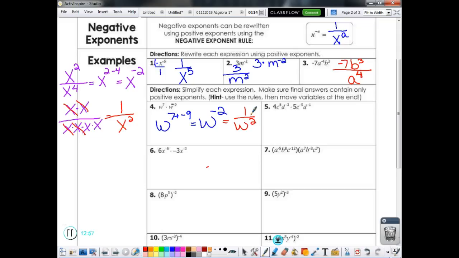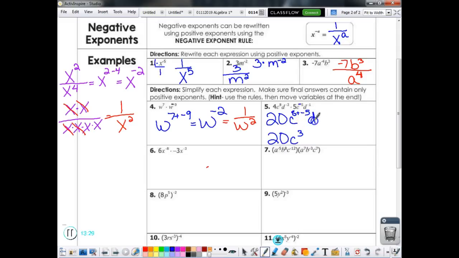You need me to do another one? 5? Okay. So one more. 5. So we're multiplying across, right? So 4 times 5 would be what? 20. Then C, I have 8 plus negative 5. What's 8 plus negative 5? C to the 3rd power.